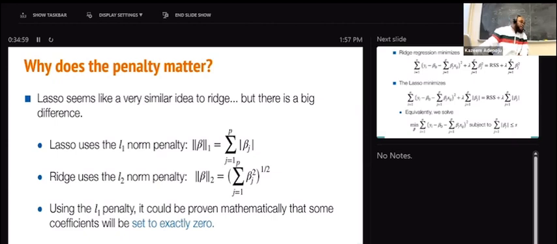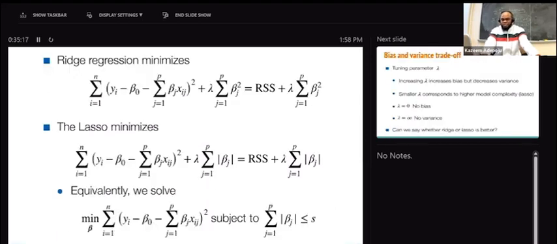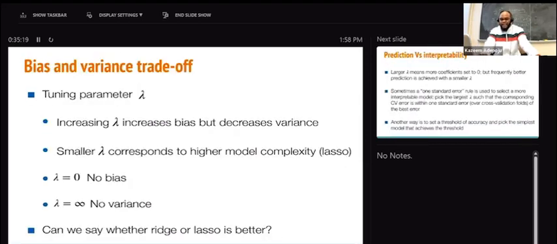And of course, it's only when you use L1, which we call lasso, that you will actually have the regression coefficients shrink to 0. And when they shrink to 0, they will be completely eliminated from the model.